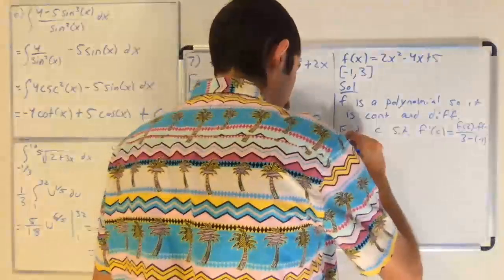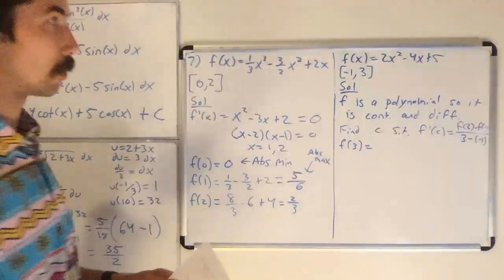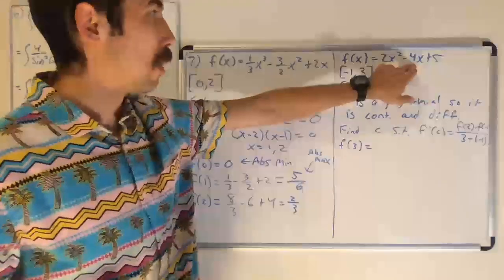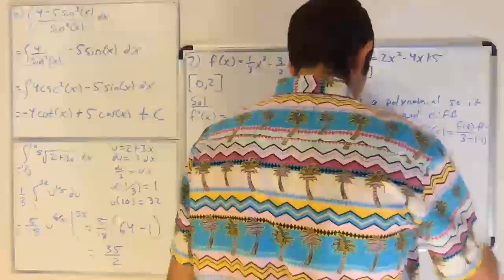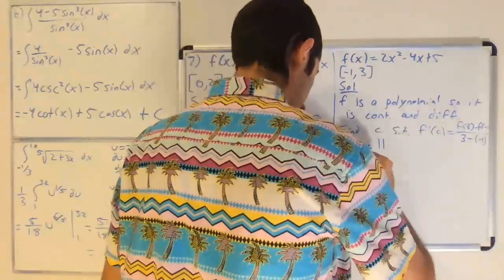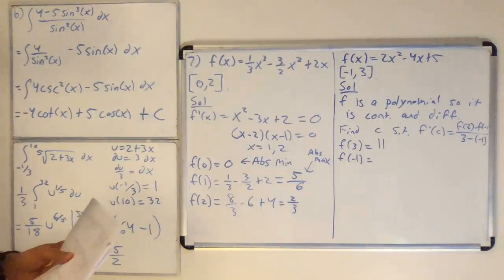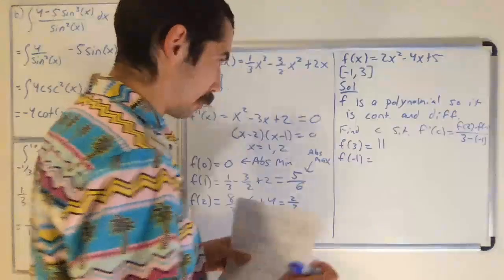Okay, so f of 3 is equal to 18 minus 12 is 6, plus 5 is 11. F of negative 1 is equal to 2 plus 4 plus 5, which is also equal to 11.